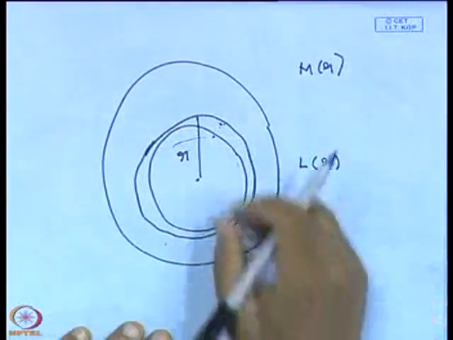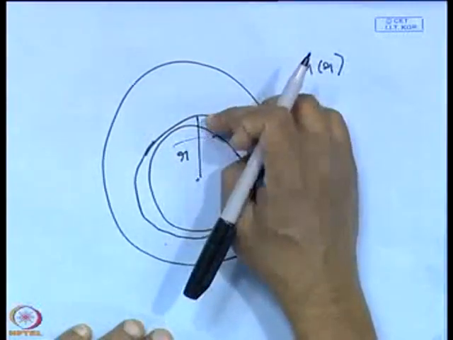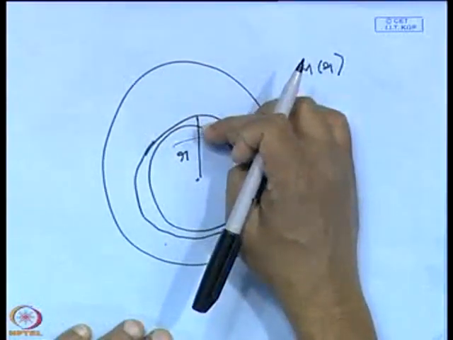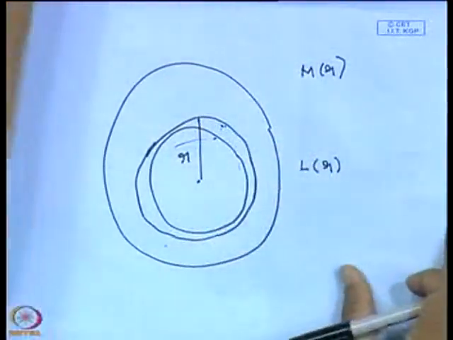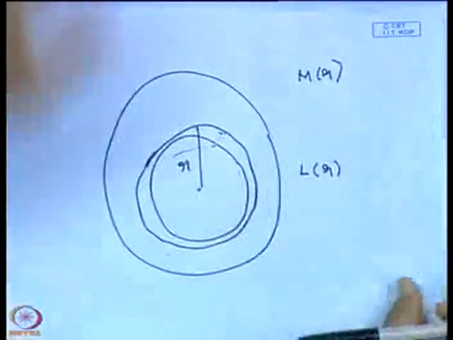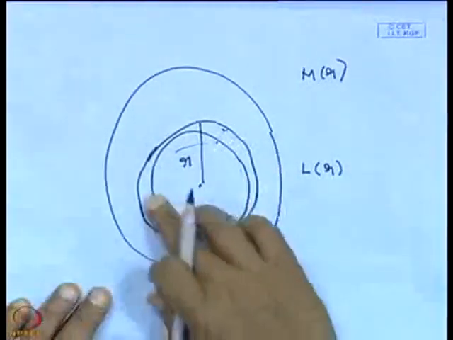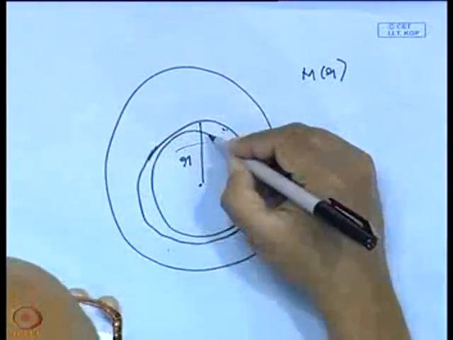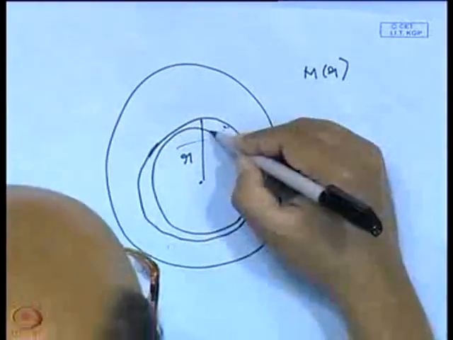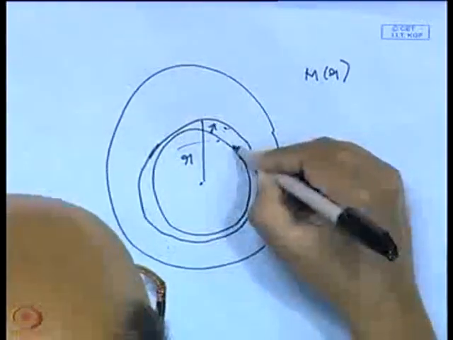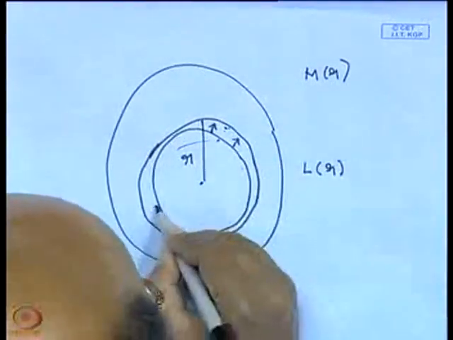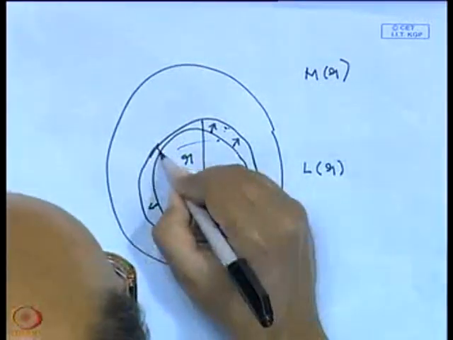Okay, we can calculate the difference in luminosity. The difference in luminosity is the total radiation that is coming out from this surface.